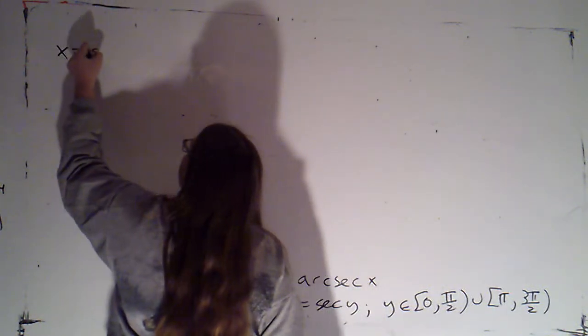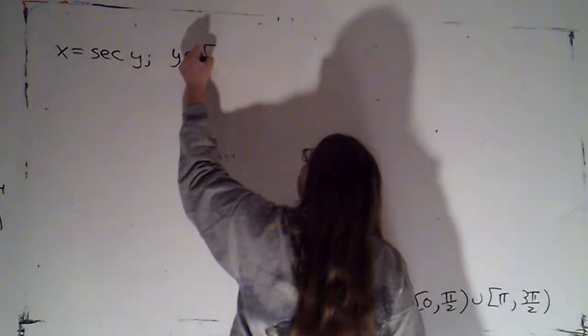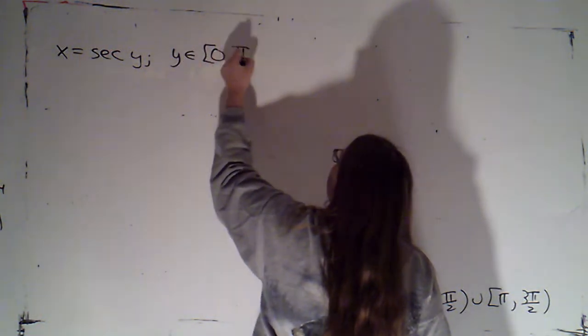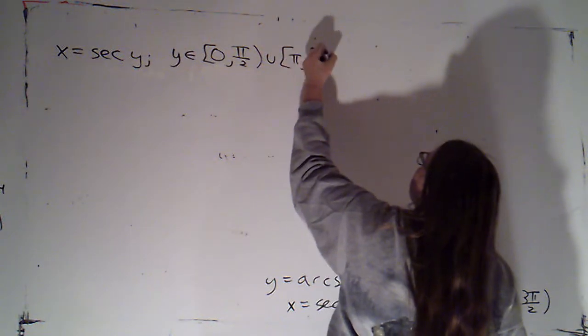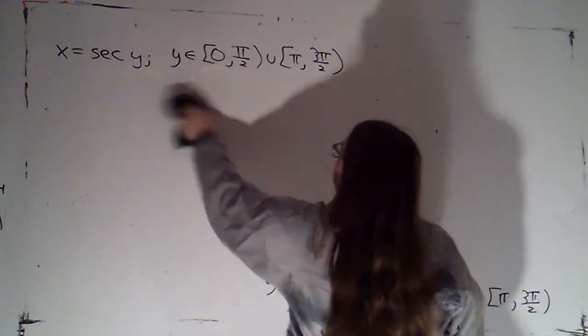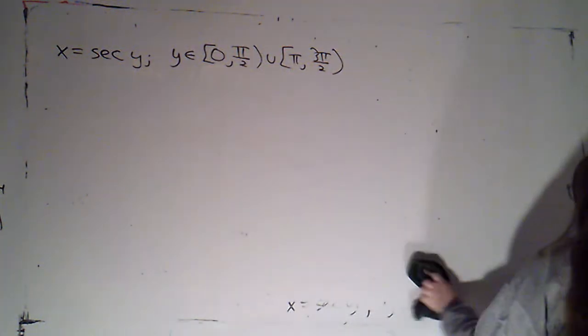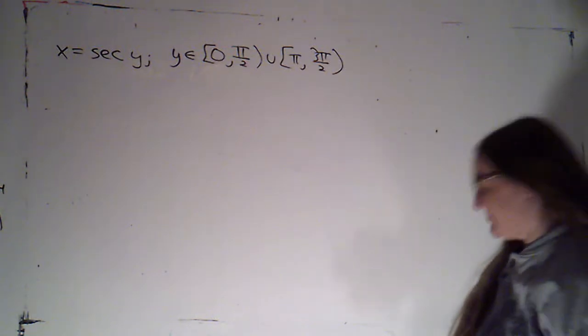Okay, so I'm going to start by just copying this up here. x equals secant of y, with the restriction that y is in the interval from 0 to pi over 2, union pi to 3 pi over 2, being careful to use appropriate parentheses or brackets depending on whether the endpoint is included or not.